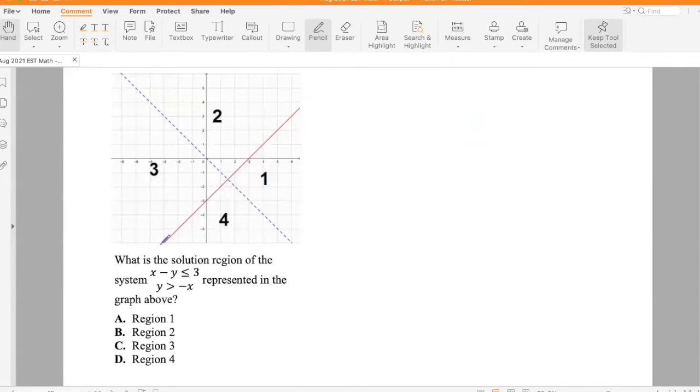What is the solution region of the system x minus y less than or equal to 3 and y greater than or equal to minus x represented in the graph? Okay, so this line is y equals negative x. So this line will be x minus y is 3. Now, y greater than negative x will be the region above this line, right?